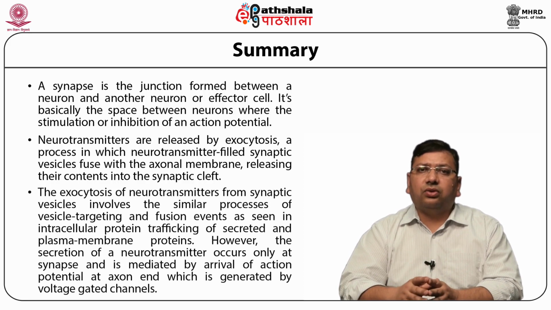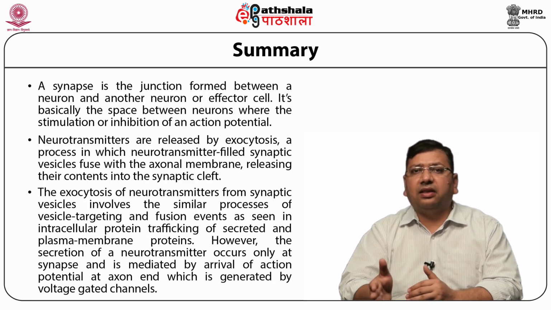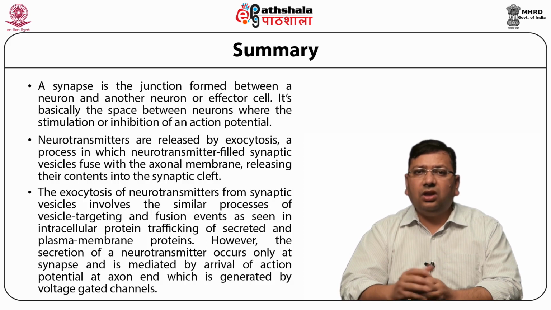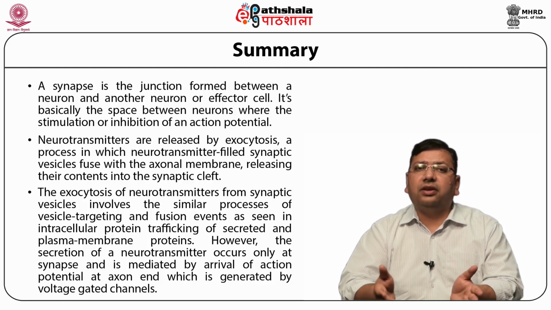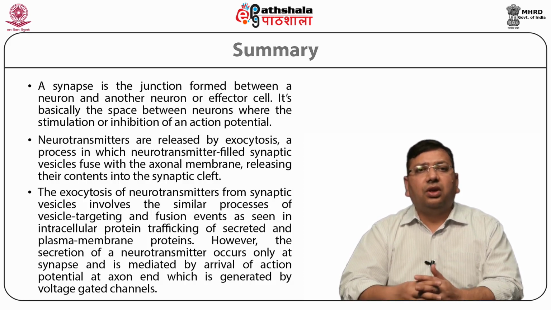The exocytosis of neurotransmitters from synaptic vesicles involves a similar process of vesicle targeting and fusion events as seen in intracellular protein trafficking. However, the secretion of a neurotransmitter occurs only at synapses and is mediated by the arrival of an action potential at the axon end, which is generally generated by voltage-gated ion channels.